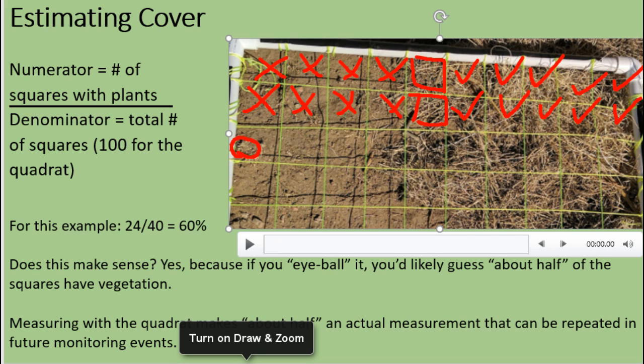But this is an example where there is no vegetation really visible, but that is root matter right there from a grass. So this would be a yes. Moving right along.